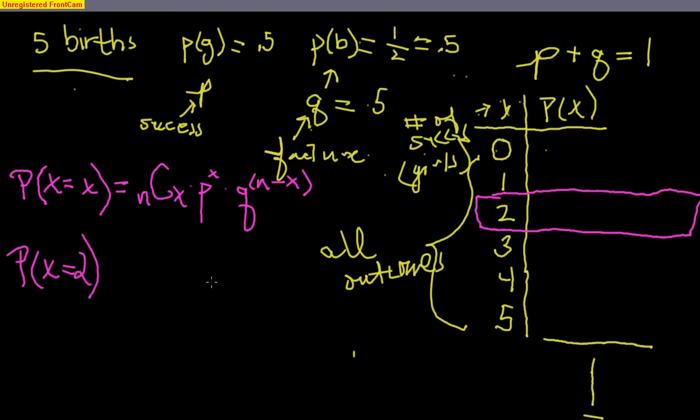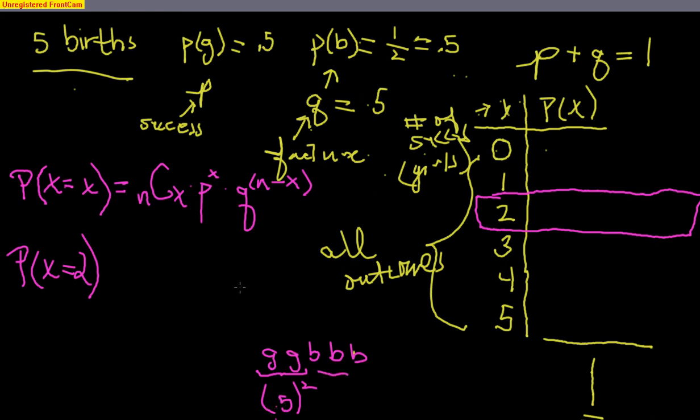Let me write this over here. What is the probability of 2 girls and 3 boys? Because this is 5 events happening, we know we're going to be multiplying these 5 probabilities together. The probability of a girl is 0.5, and we've got 2 of them, so we're going to square that.